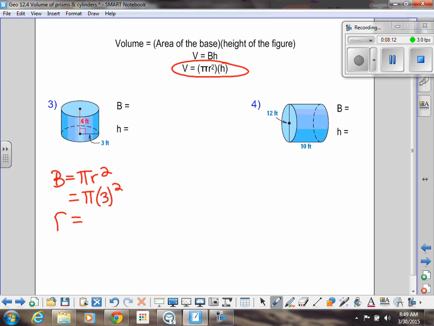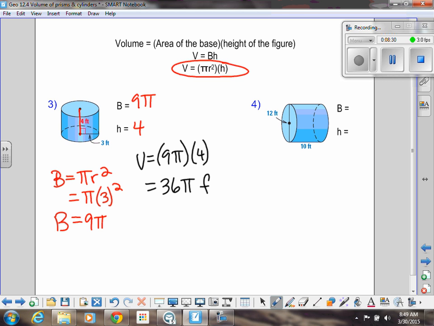So the B part is 9 pi. And then they tell me that the height of the cylinder is 4. So when I do volume, I'm just doing 9 pi times 4, which is 36 pi. And that would be feet cubed.